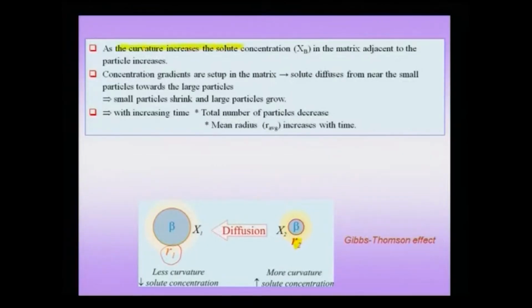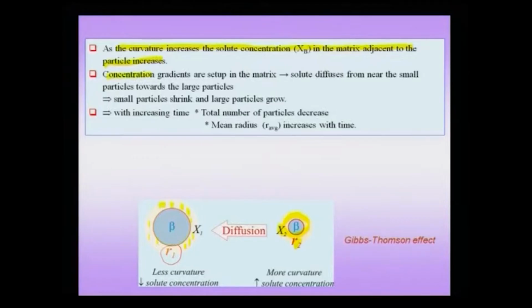As the curvature increases, the solute concentration in the matrix adjacent to the particle increases. That means if I have a smaller particle, the concentration of the solute x2 around it is higher as compared to a larger particle, where the concentration x1 is lower.